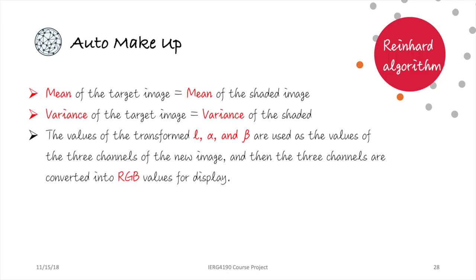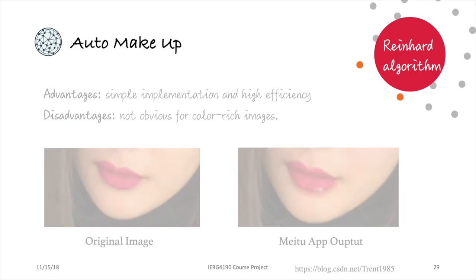This simple linear transformation ensures that the target image and the source image have the same mean and variance in the Lαβ color space. The values of the transformed L, α and β are used as the values of the 3 channels of the new image. Then the 3 channels are converted to RGB values for display.